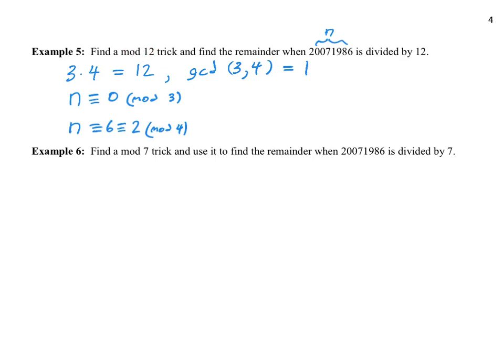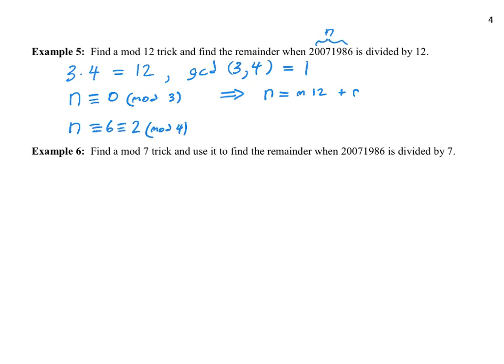Let's think about our number. Our number is n, and let's think about what might happen if you divided that number by 12. If we chop this up into 12s, we have some multiple of 12, so I'll write m multiplied by 12, plus some remainder r. Now let's use the first part that we know: this particular number is 0 in mod 3, or it's a multiple of 3, is another way to say that.